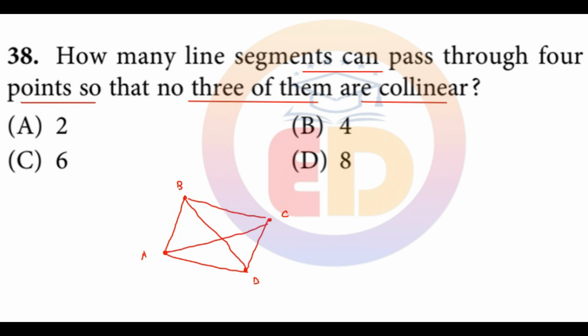So the number of line segments will be 6. AB, BC, CD, DA, and the two diagonals BD and AC. Answer is option number C.